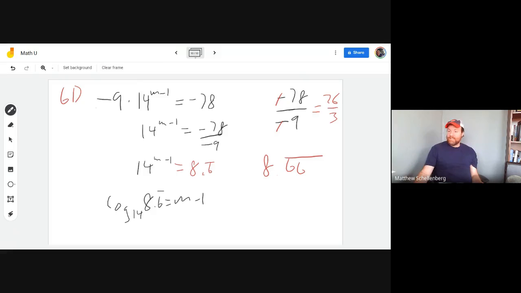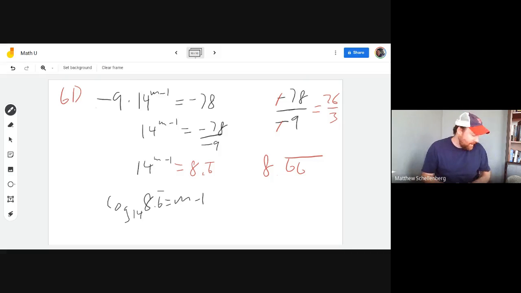And that is exactly what I will do. So I'm going to plug this in, and you should do the same. I have my logarithm calculator with the different base. So the base is 14. And I'm actually going to write 26 over 3 because it's more exact.